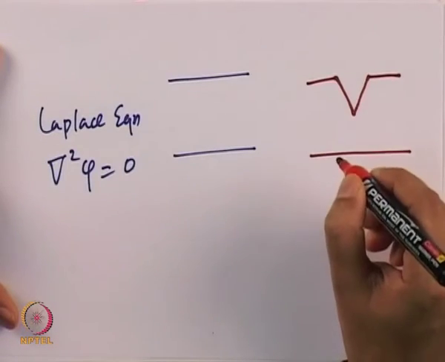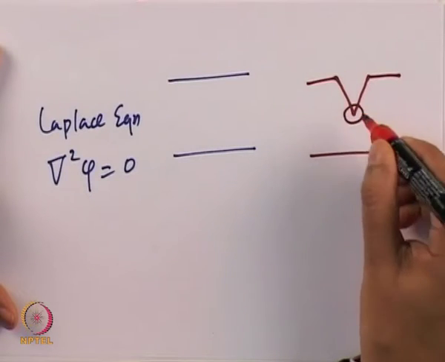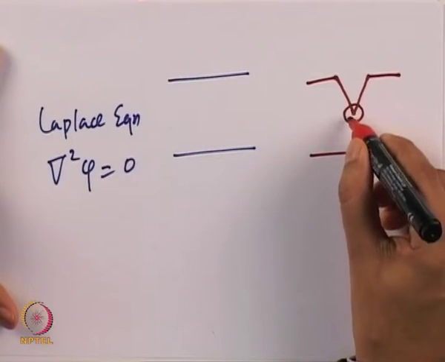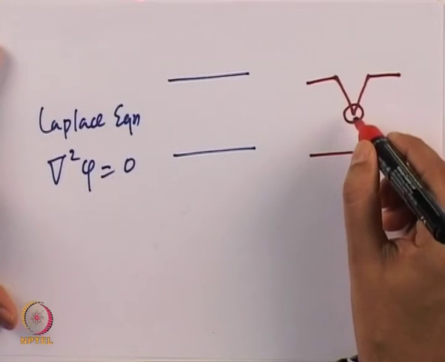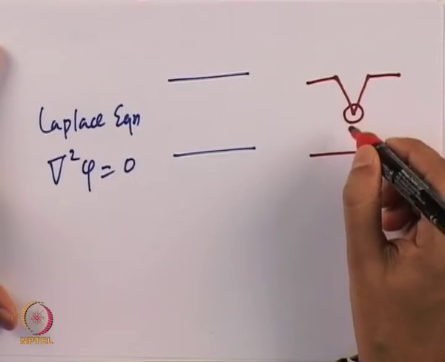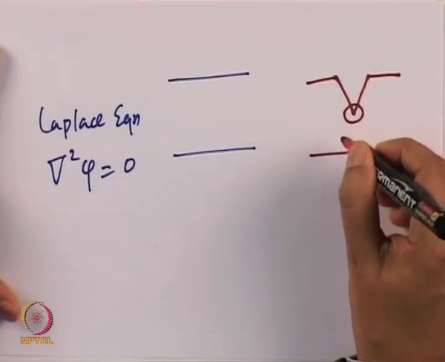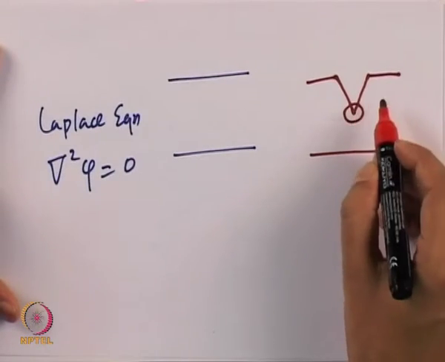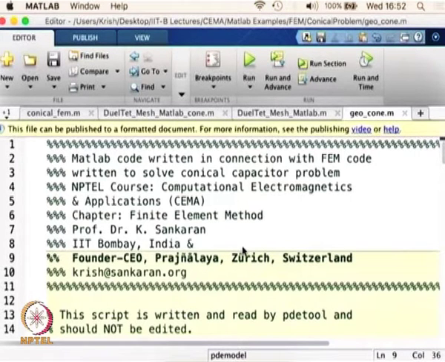The reason for doing that is the sharp edge here: the resolution of electric potential and the potential difference is going to be difficult, because the sharp edge itself will create certain inaccuracy and, in some cases, singularity. So we are going to see how we can model this problem using the PDE toolbox, which is an inbuilt functionality of MATLAB. Let's start looking at the problem itself in MATLAB.